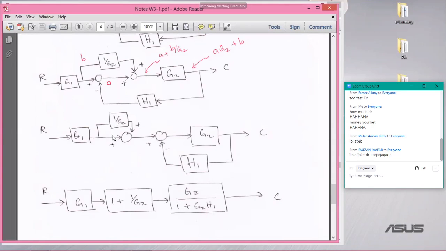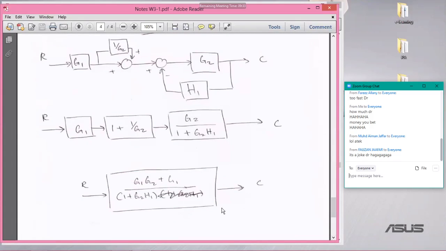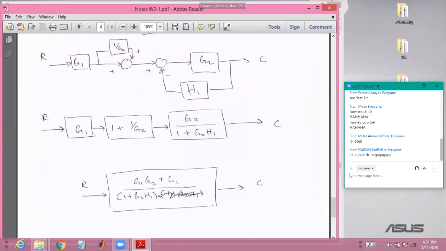One of them is 1 over G2, one of them is 1. So you just add them together, 1 plus 1 over G2. And this is all just one long block in series. So you just multiply them and then you get the final simplified block diagram. Just multiply everything and then you can get now the single block. You need to put everything in numerator divided by the denominator.